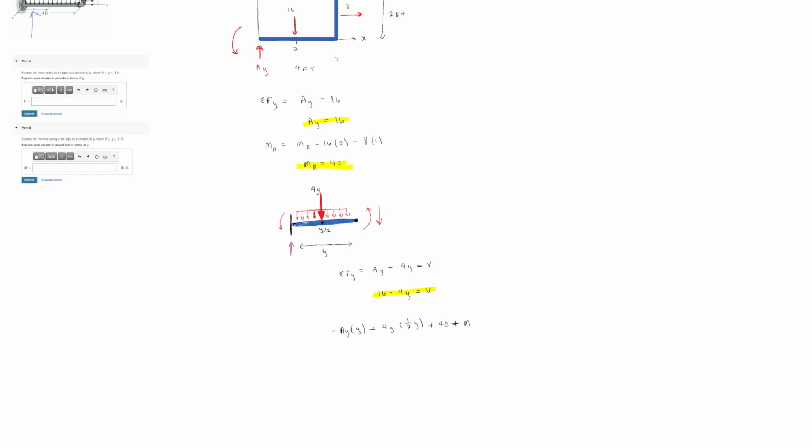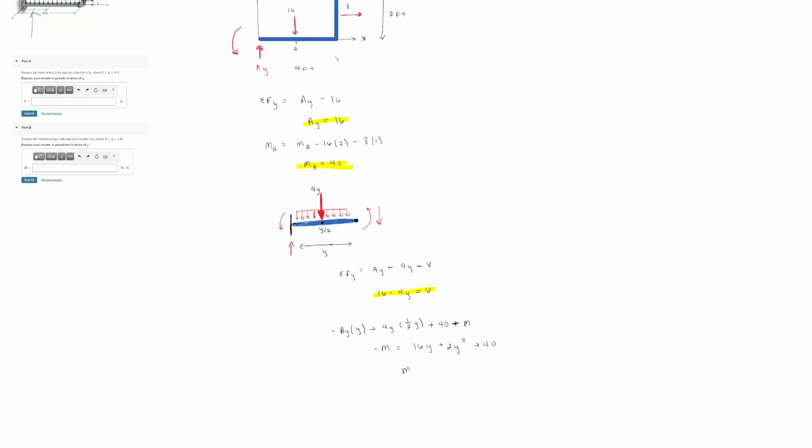Okay, so you get negative M equals negative 16y plus 2y squared plus 40.